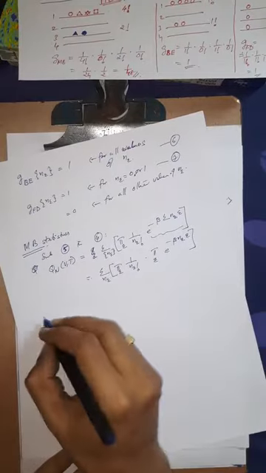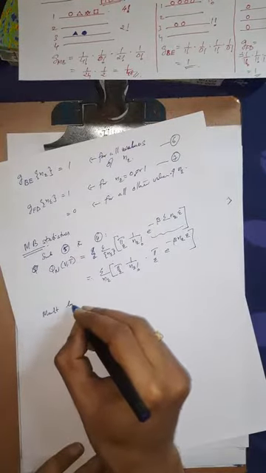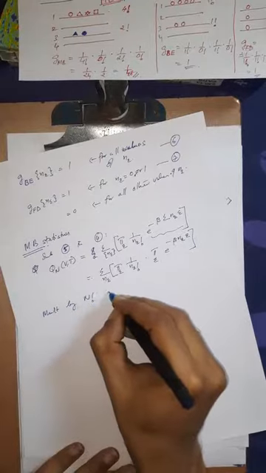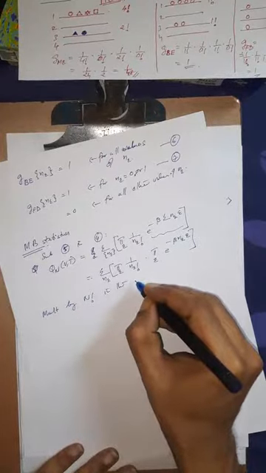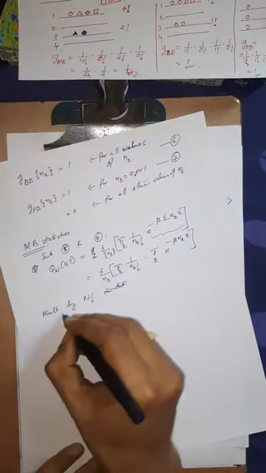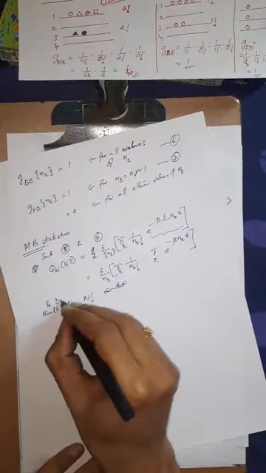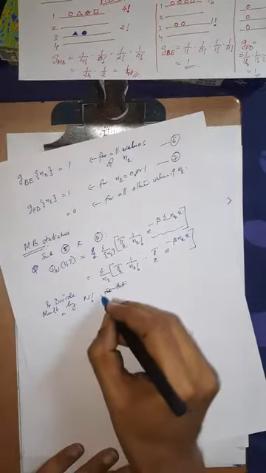Now what I do is multiply and divide by N factorial in the above equation.